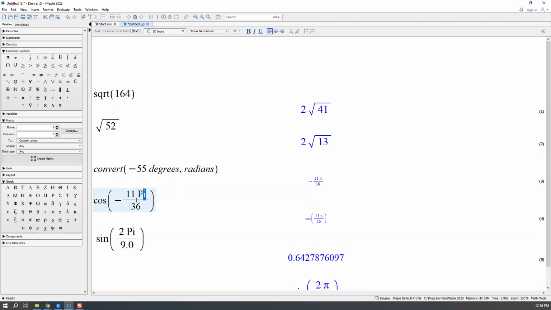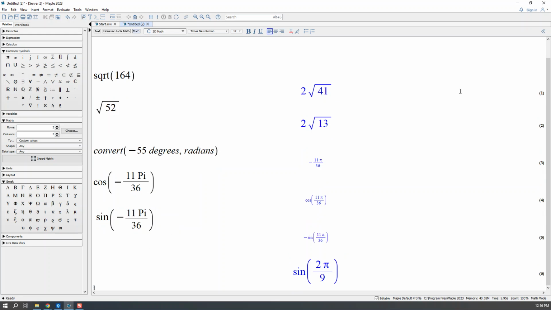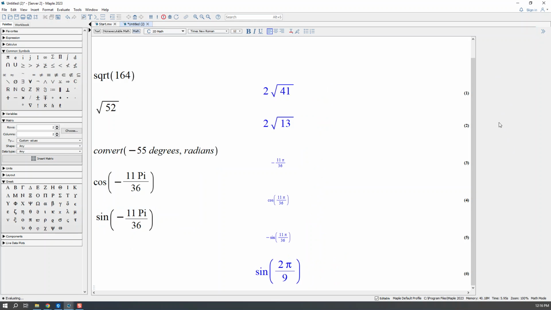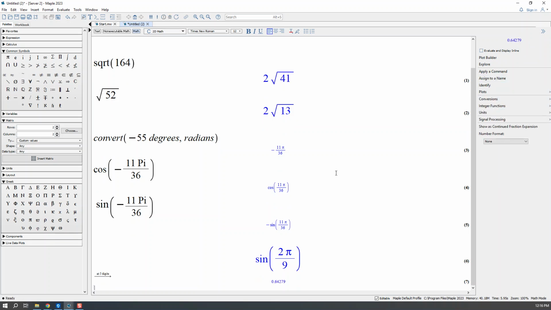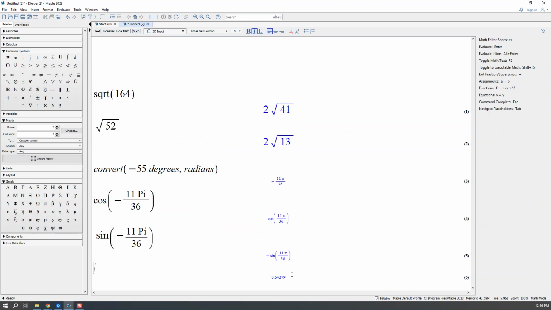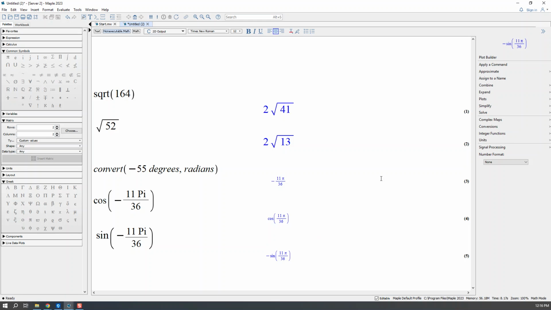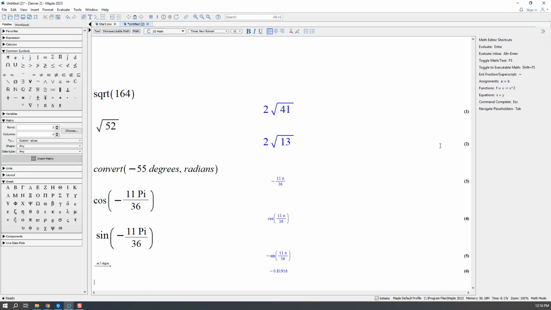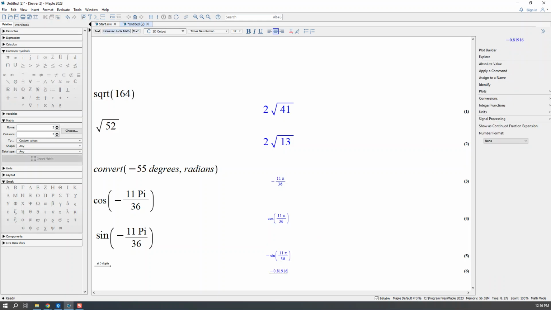So if you want a decimal approximation, there are ways. There's another palette you can pull up that would say, give me an approximation, or you can just put in decimals. So right here, you can say approximate that answer to 5 decimal places, and it'll give it to you. Oops, it's giving me that one, which I don't want, instead of the one I want. One second. So that's the one I want to approximate to 5 decimal places.